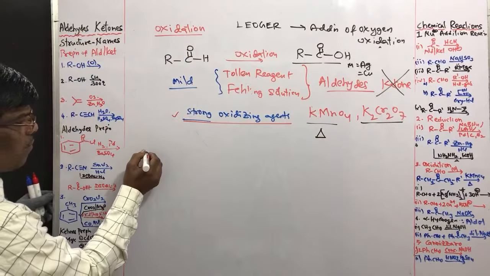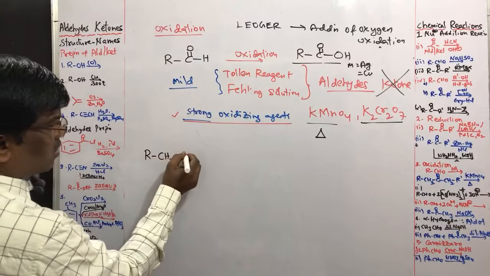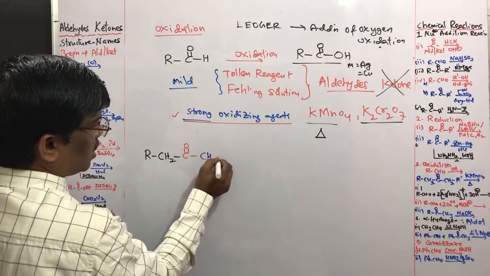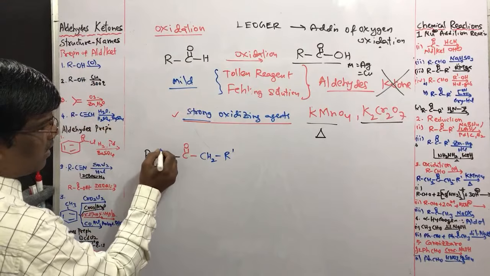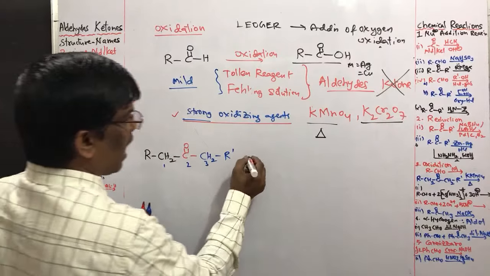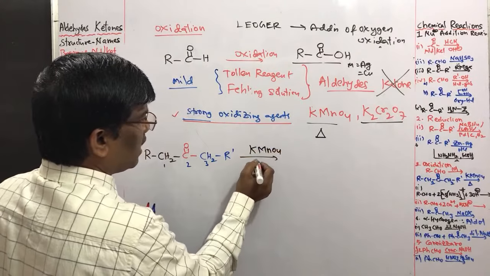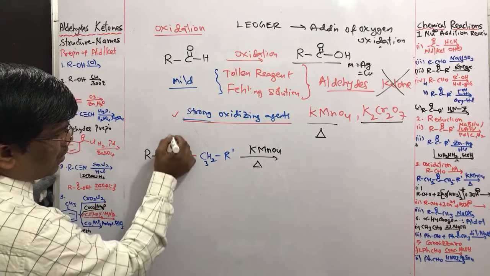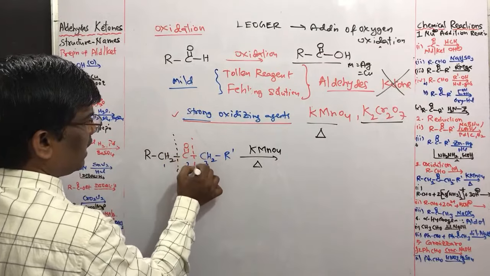Let us take one example. RCH2COCH2R'. If I write the numbering 1, 2, 3, when I add KMnO4, potassium permanganate, and heat, it can break between carbon 1 and 2, or it can break between carbon 2 and 3.